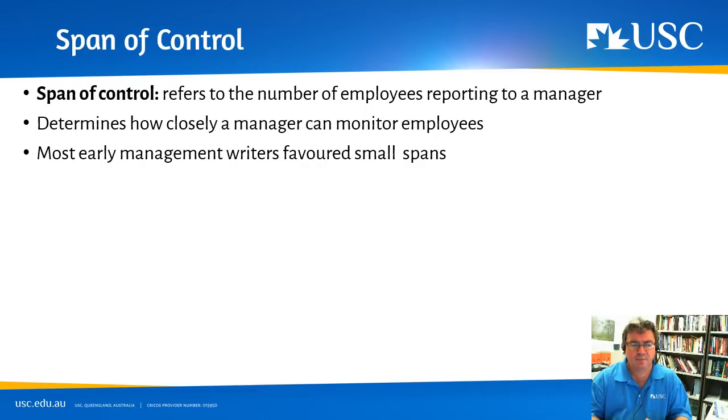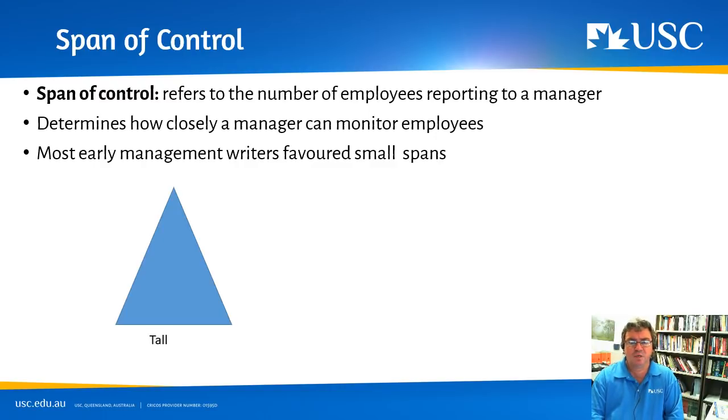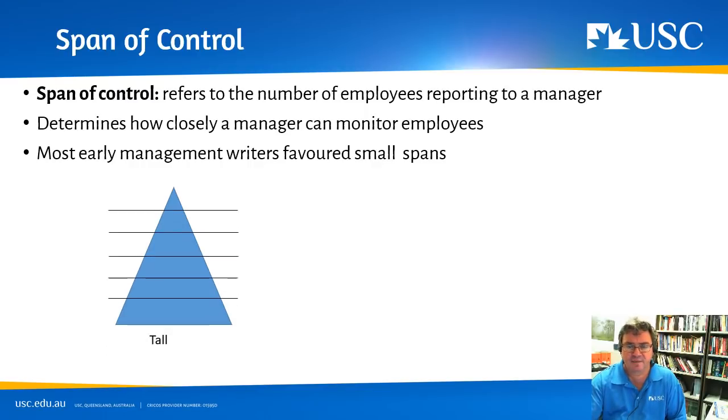I guess putting that another way, because technology has become so prevalent in our workplaces, it's easier to control more people at once. An example of these is a tall span of control, or a tall hierarchy with a narrow span of control. So the employees down the bottom, fairly narrow, but the hierarchy is tall. Lots of different rungs in that hierarchy. Think of the Sheraton example that I just gave.